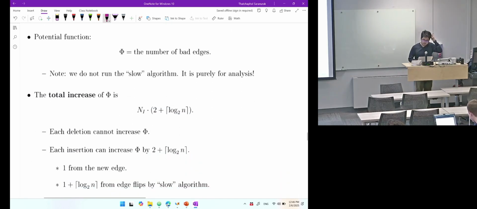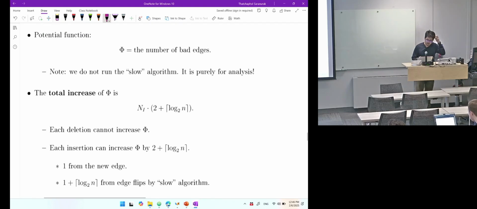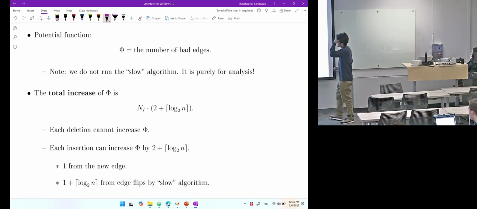So now I claim this. The total increase in the potential, the total money that you put in the bank account, is at most Ni times log n. Why? Because for each deletion, clearly you don't increase the number of bad edges, you delete an edge.